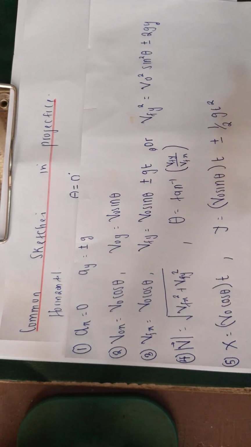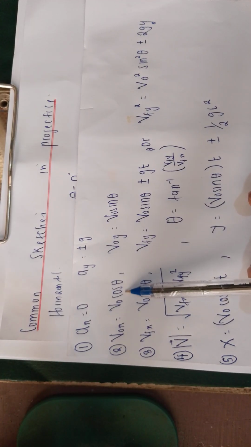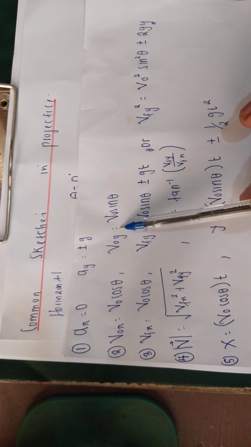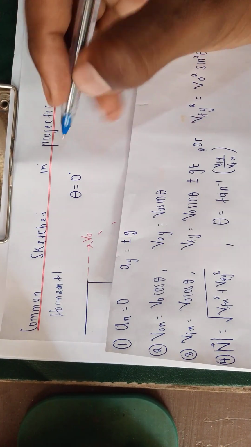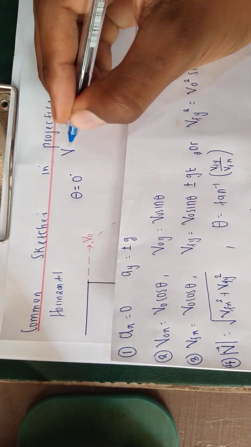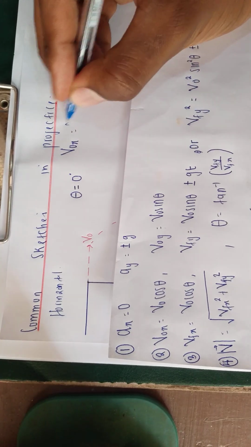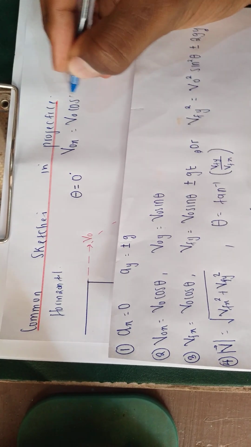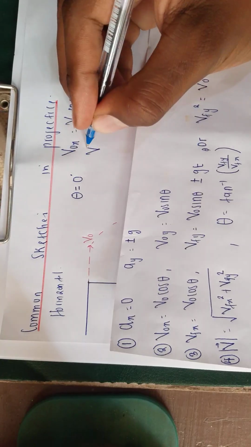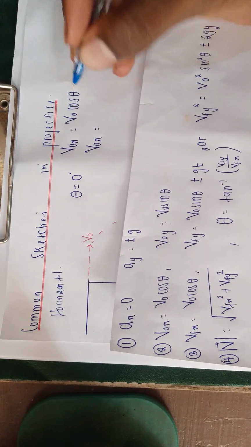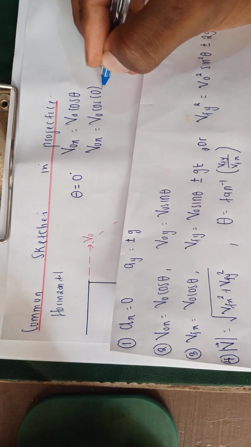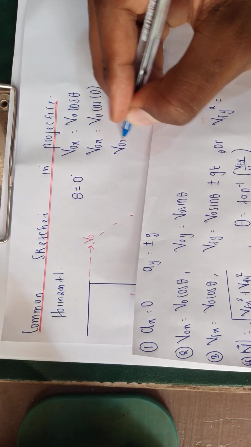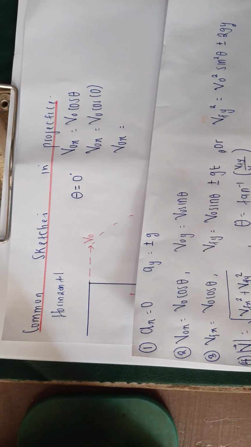So what do we mean? Let's start with the initial velocity in the x and the initial velocity in the y. How can we simplify this? The initial velocity in the x is given by VO cos theta. What is theta? 0. So the initial velocity in the x is going to be equal to VO cos 0.